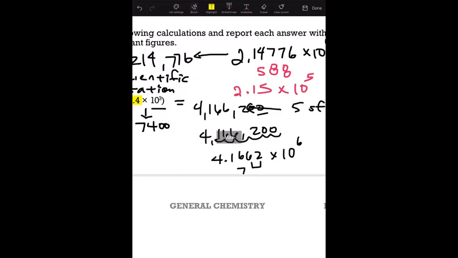So we end up with 4.2, I'll just write it over here, times 10 to the 6. Again, that is a less precise number than the one we had when we first multiplied those two together. Again, the fewer decimal places you have, the more uncertainty you have.